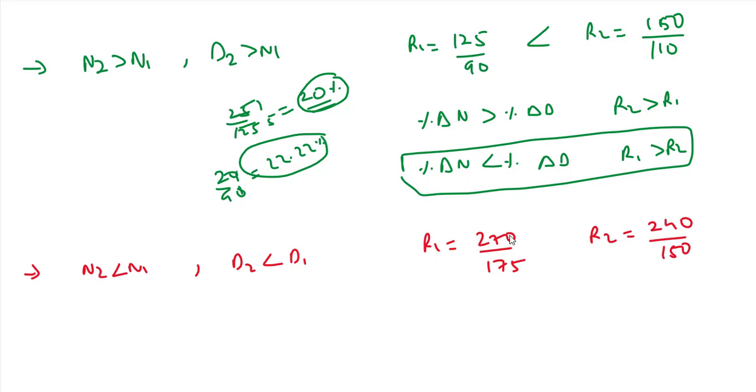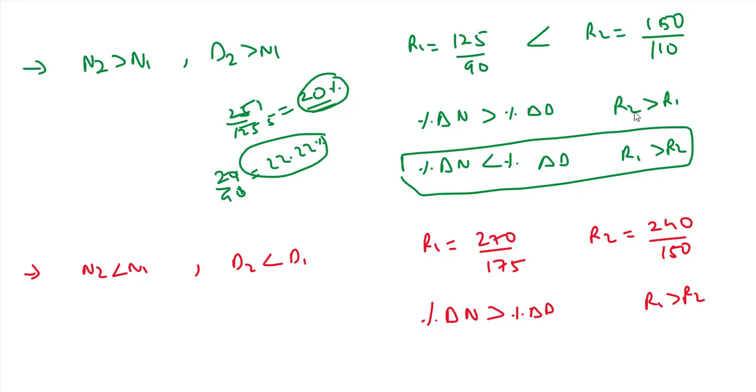So in this case, as you can see, your numerator is decreasing and even your denominator is decreasing. In this case, exactly the reverse of the third case will occur. So if your percentage decrease in the numerator is more than the percentage decrease in the denominator, then R1 will be bigger than R2.